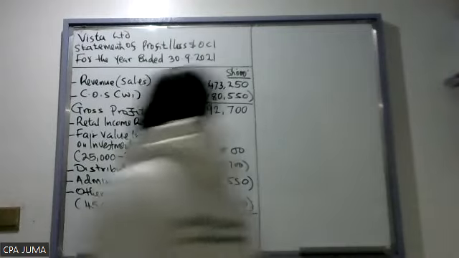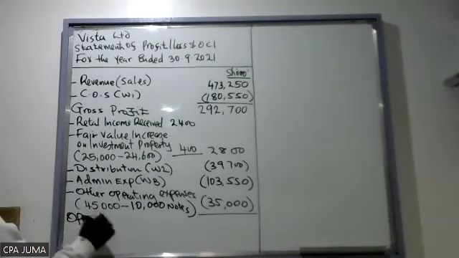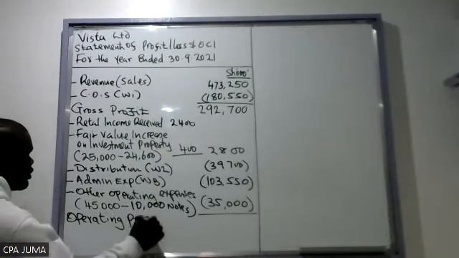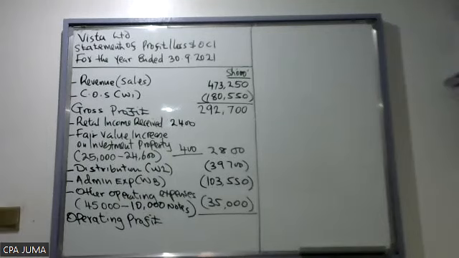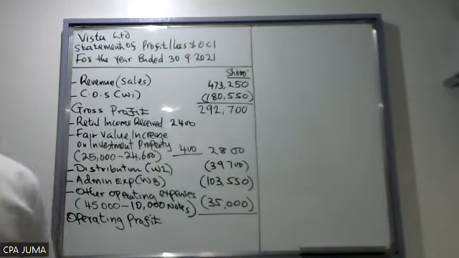So what you get will be the operating profit. Operating profit starts from 292 downwards.